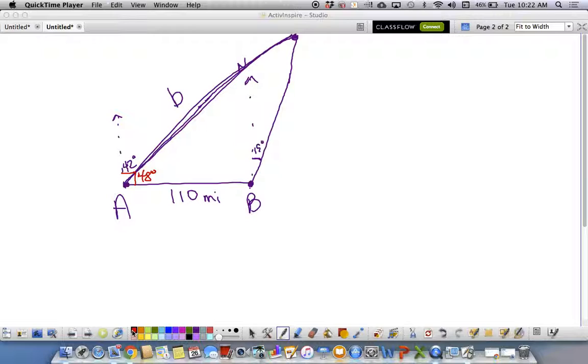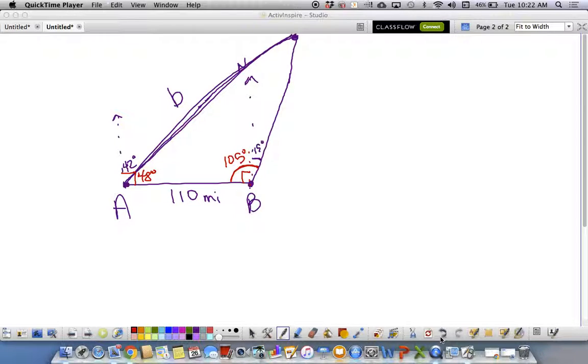I'm making an assumption that we can. Because north is 90, and from our north line over, angle B, we got to add that 15 degrees. Should be 105 degrees. So all of angle B is 105 degrees.